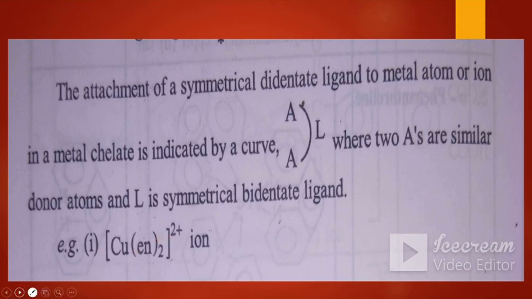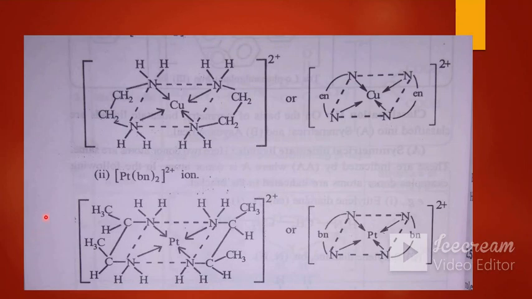For example, number 1, Cu(en)2 2 plus ion. Here, centrally copper with ethylene diamine, and the total structure is also indicated like this, centrally copper with en, and the overall charge on this structure is 2 plus.